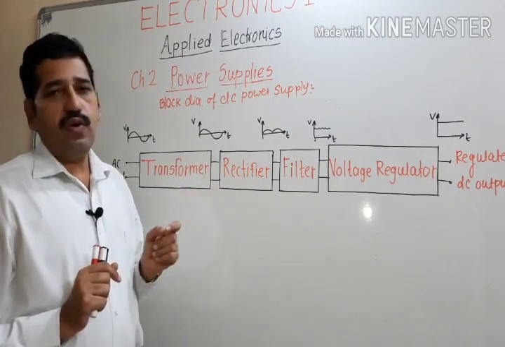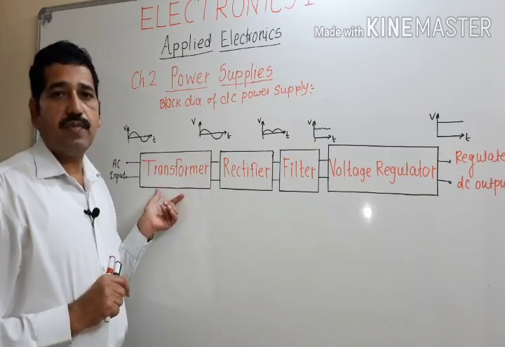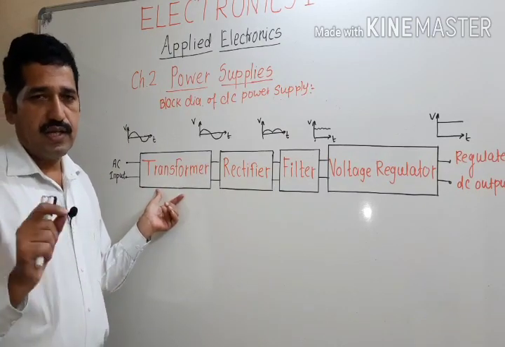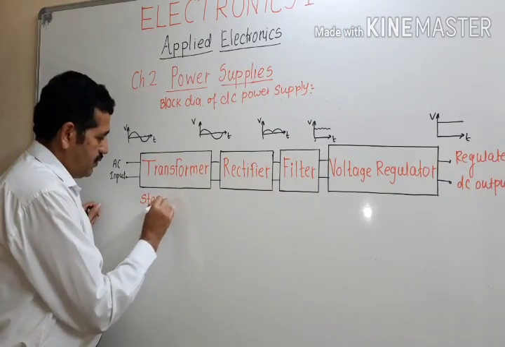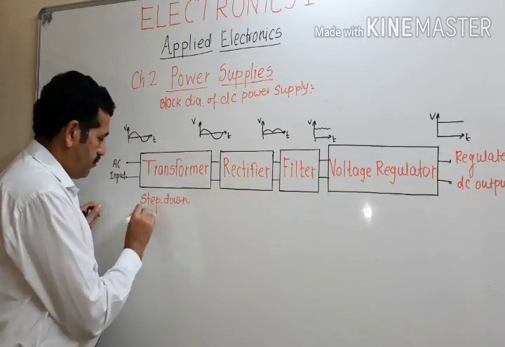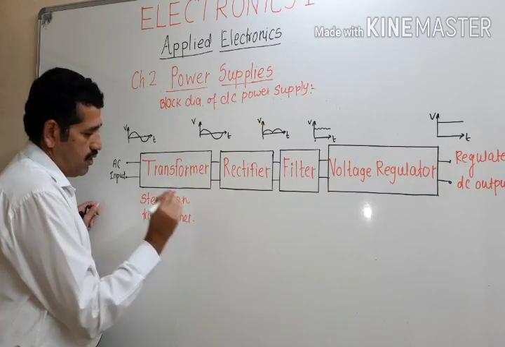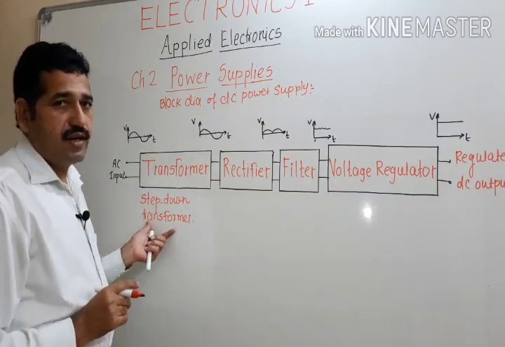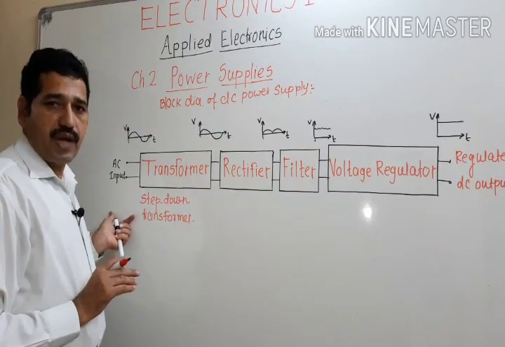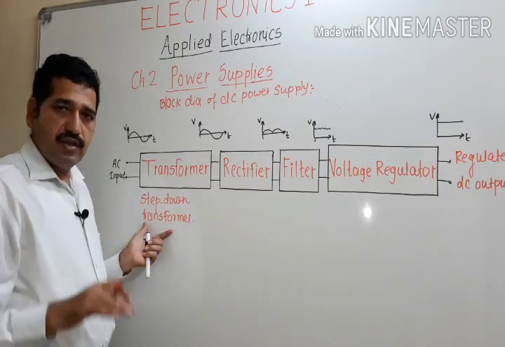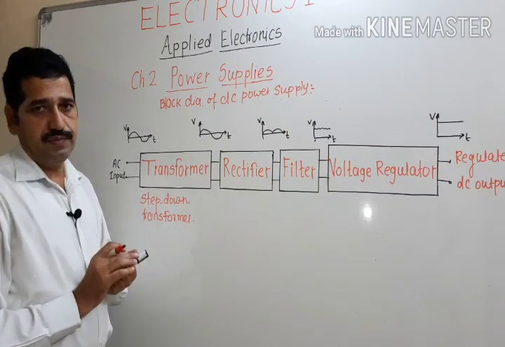In low power supplies, we usually use a step down transformer. The output of the secondary is low compared to the input given to the primary. That's why the output is stepped down, so this type of transformer is a step down transformer.